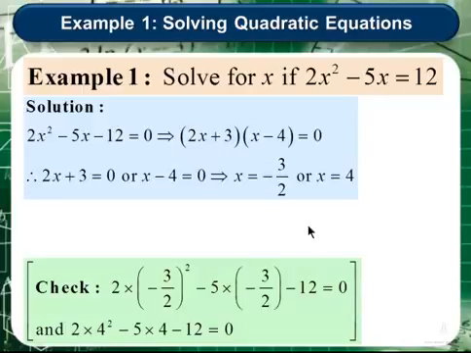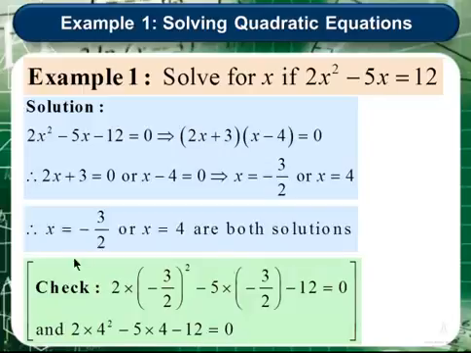And similarly, if we substitute x equal to 4 into that quadratic equation, it also satisfies the equation. So we can conclude that both x equal to minus 3 over 2 and also x equal to 4 are solutions for the given quadratic equation.